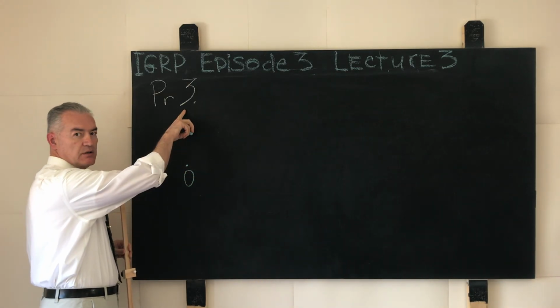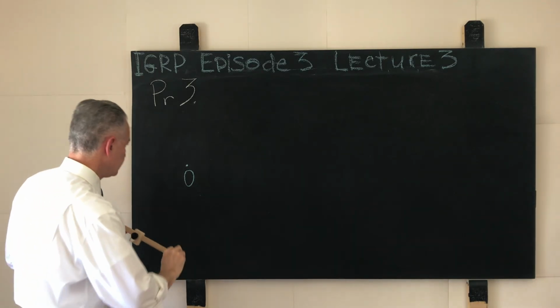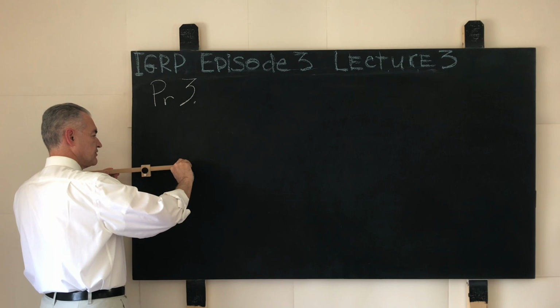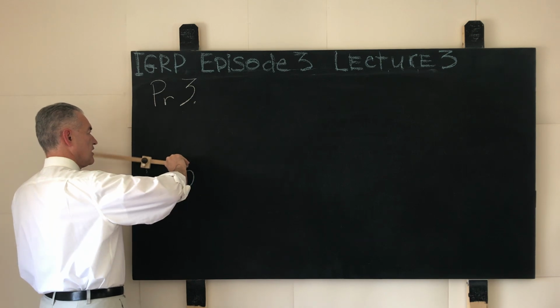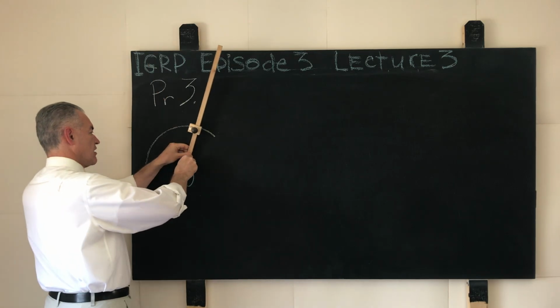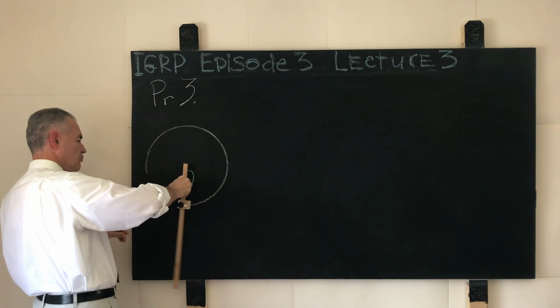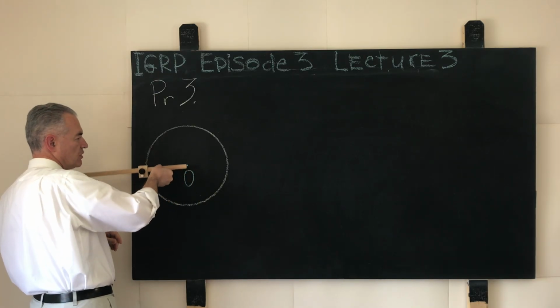In problem 3 of our course, we are given a circle of inversion, let's say C, that has its center at the point O. The location of that point is given to us.